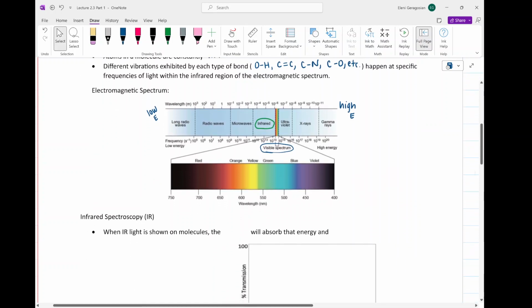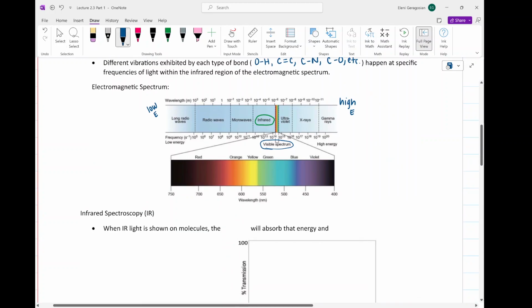So when IR light is shown on molecules, the bonds in that molecule will absorb the energy and vibrate. So if IR light of the specific frequency and energy of a specific bond that can absorb this light is shown on that molecule, it will absorb that energy and vibrate in the ways that we saw in that video.